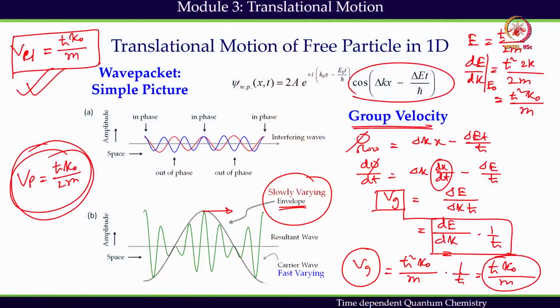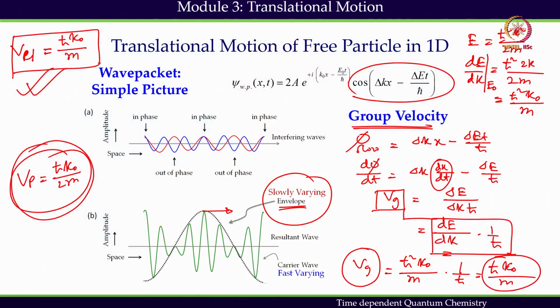This carrier wave is propagating at a much faster velocity, and that is why, as it propagates, the tip of the carrier and the tip of the envelope function are changing with respect to each other. That is the meaning of two different velocities of a particle in quantum mechanics.